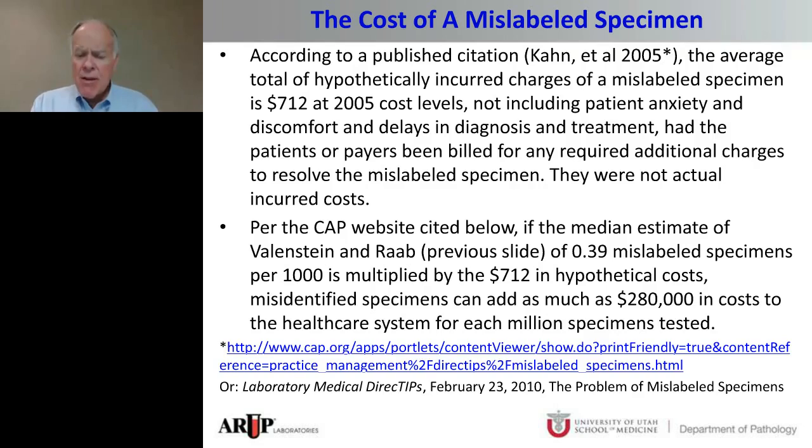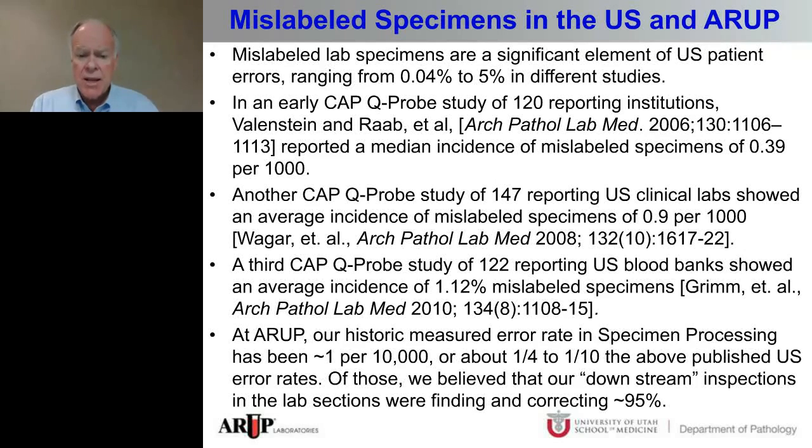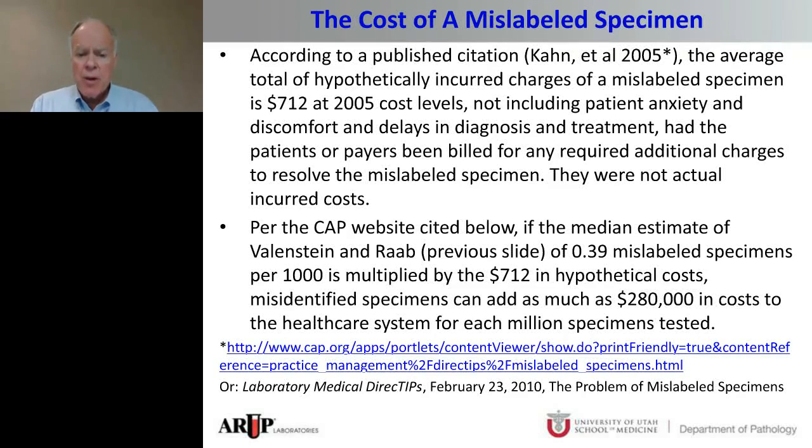And on the CAP website that has this discussion, they have taken the incidence of mislabeled specimens published by Wallenstein and Raab in Archives of Pathology and Laboratory Medicine of 0.39 per 1,000 and simply multiplied it by the $712 in hypothetical costs for each mislabel.